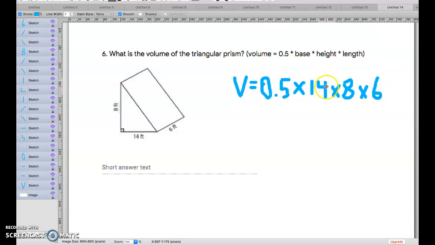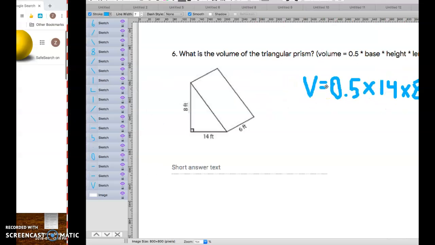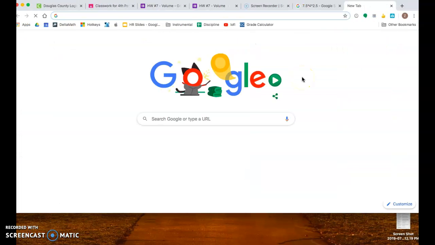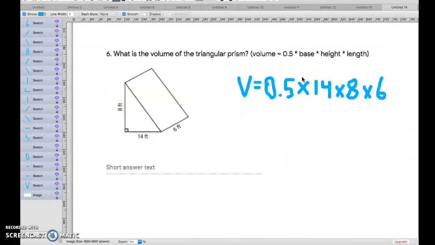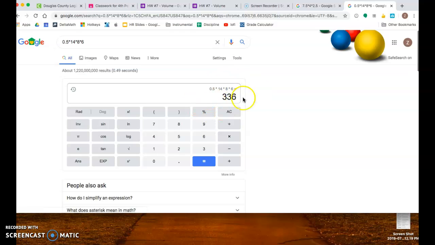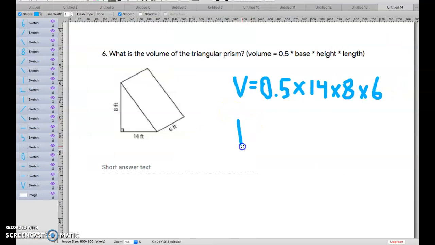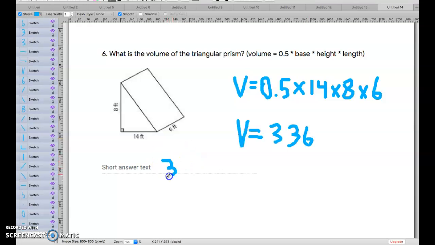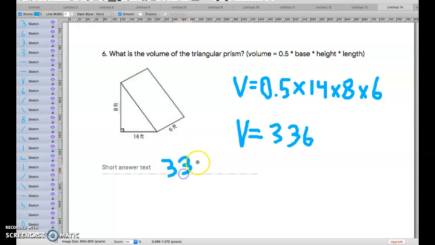So I'm going to multiply all these together in my calculator: 0.5 times 14 times 8 times 6. And I get 336. So volume here equals 336, and that is my answer. In Google Forms, I would just type 336.